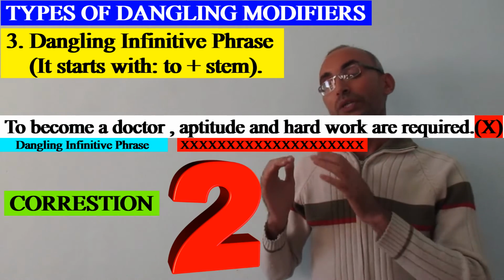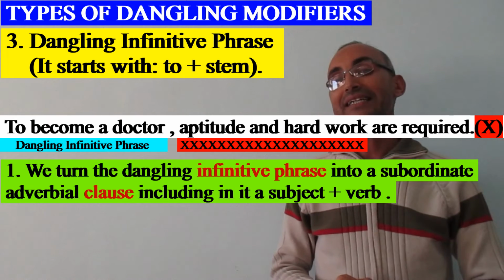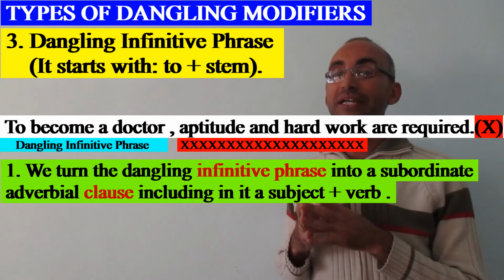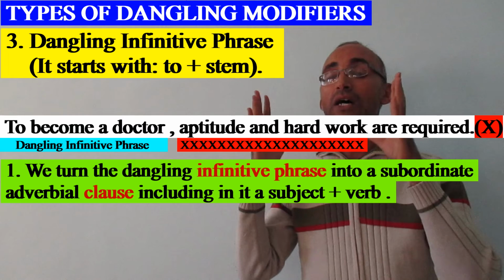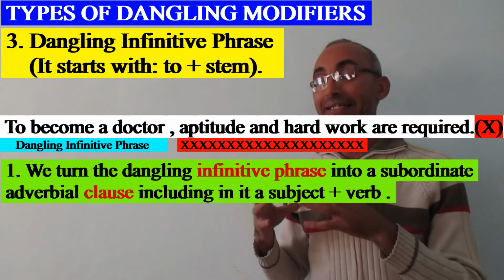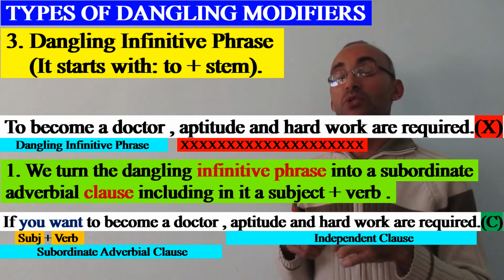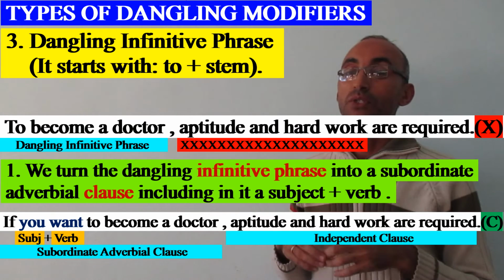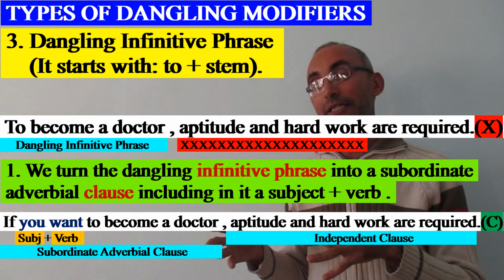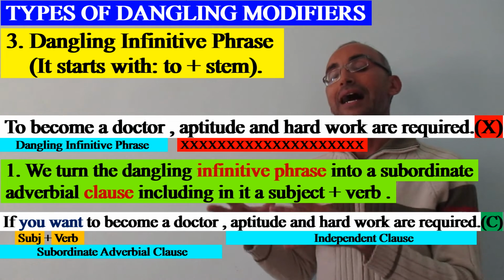We also correct this mistake by turning the first part, the dangling infinitive phrase, into an adverbial clause, and I write, of course, including my subject clearly and my verb in it. If you want to become a doctor, comma, aptitude and hard work are required.